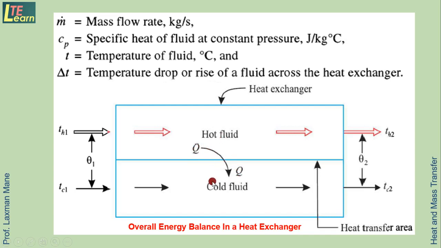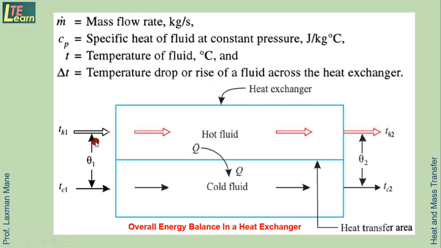Because of heat transfer, the inlet and outlet temperatures of these two fluids are changing. Inlet and outlet temperatures of hot fluid are TH1 and TH2, and for cold fluid TC1 and TC2 respectively.